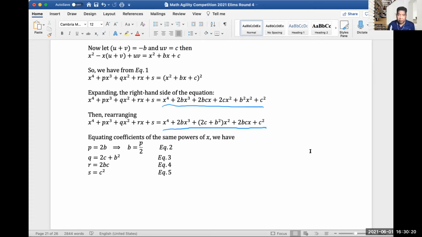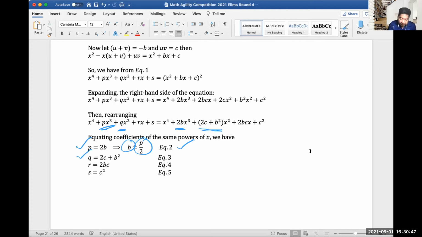Now we can equate coefficients of the same powers of x. For p, this one here in the cube, that is equal to 2b, right? So our b should be equal to p over 2. That's equation 2. Now for q, the x squared, the second degree, that would be equal to 2c plus b squared.